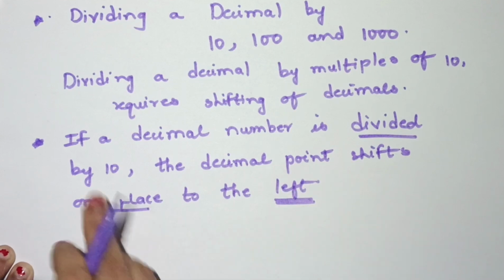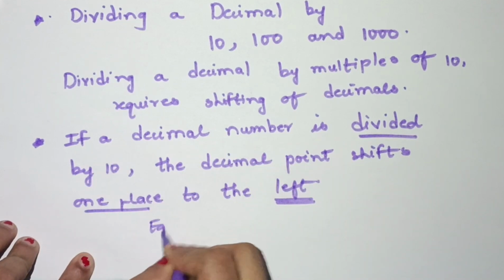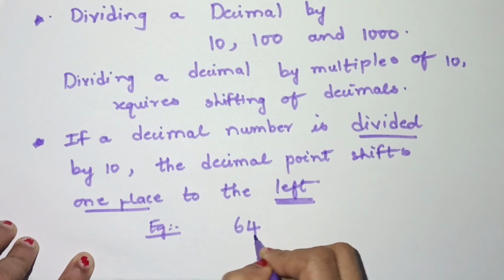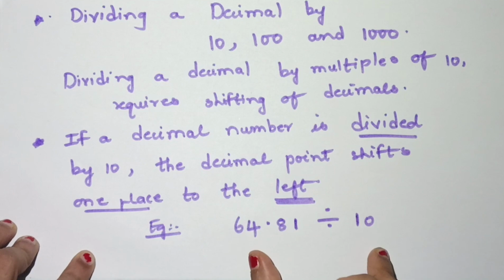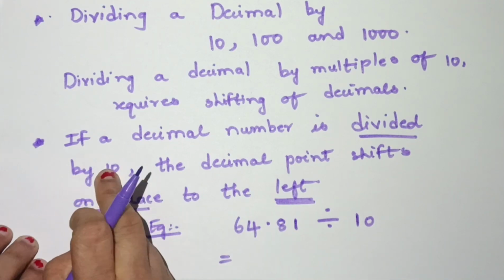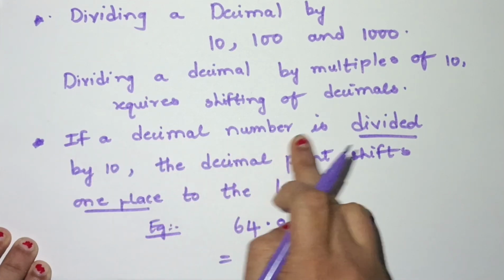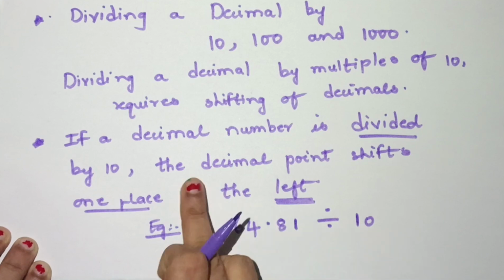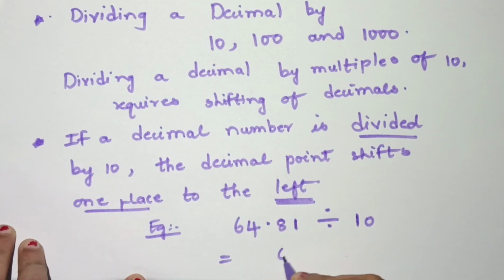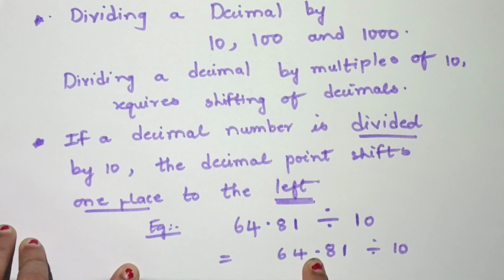Very, very important. Like if a decimal number, let's take one example, 64.81 divided by 10. Is this clear? Now, what does the method say? If a decimal number is divided by 10, the decimal point shifts one place to the left.